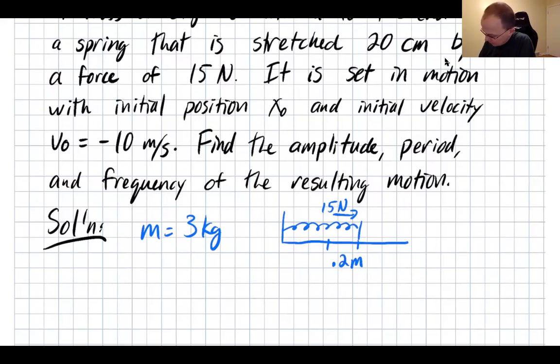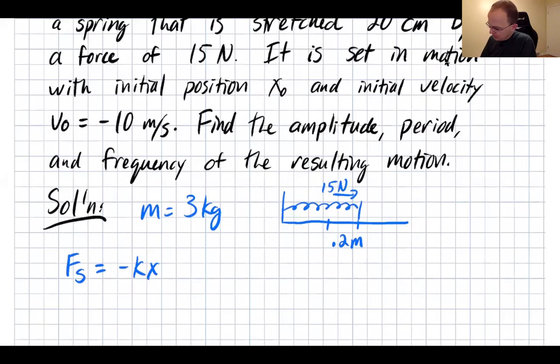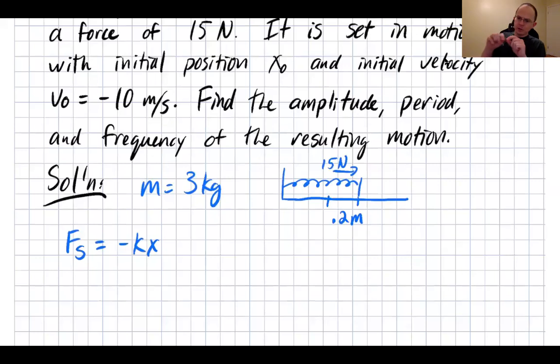let's see. So the spring force that we saw from section 2.1 was given by this equation, right? So if we're to stretch the spring to the right by a force of 15 newtons, then that means the spring is going to be providing a force of 15 newtons in the opposite direction to bring that spring back to its non-stretched position.